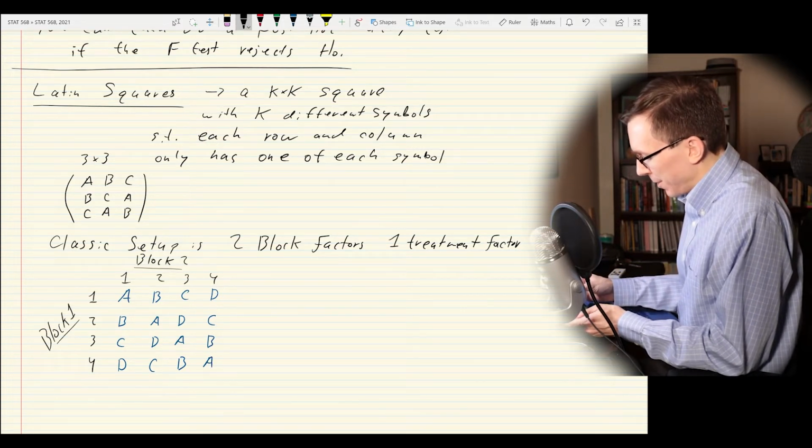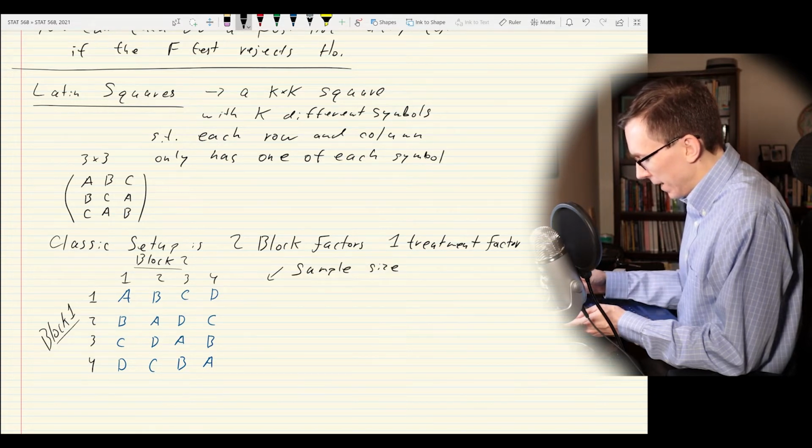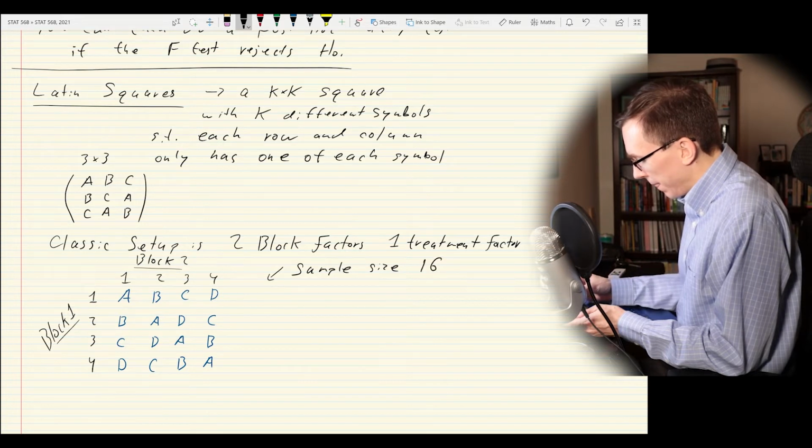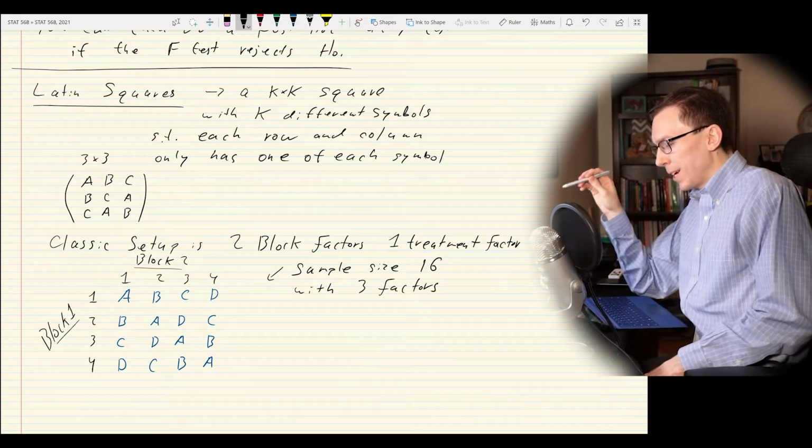So in this case, we would have a sample size of 16 with 2 blocks and 1 treatment.